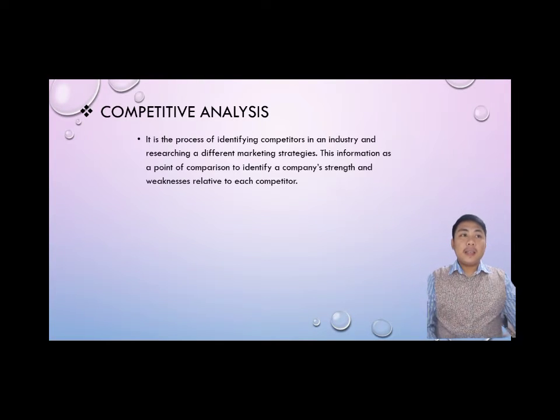Competitive analysis is a process of identifying competitors in an industry and researching their different market strategies. It uses that information as a point of comparison to identify the company's strengths and weaknesses relative to each competitor.